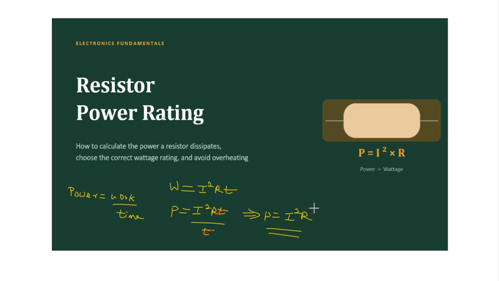This gives us electrical power, the power dissipated by a resistor generally.